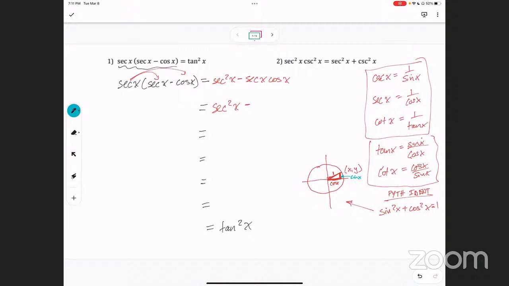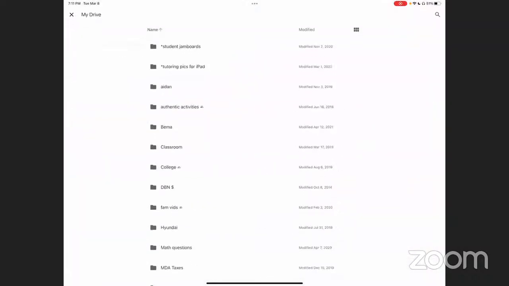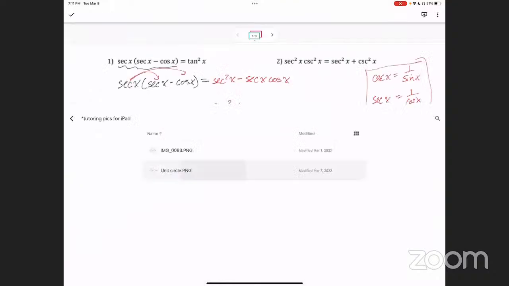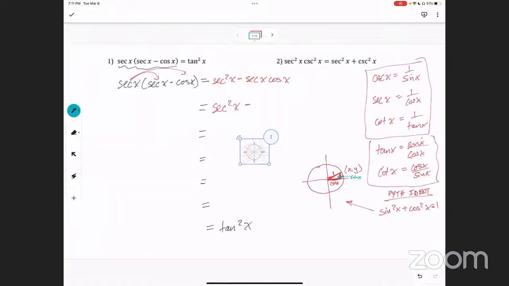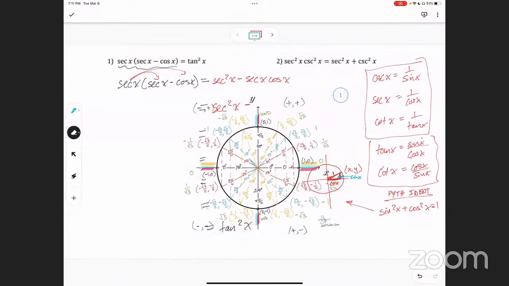Could you repeat that for me real quick? Sure. So in my unit circle, let me just pull in a big unit circle so you can understand what I'm talking about. I've got a really nice, pretty one that I made for you guys, just for this reason. So here's my unit circle.